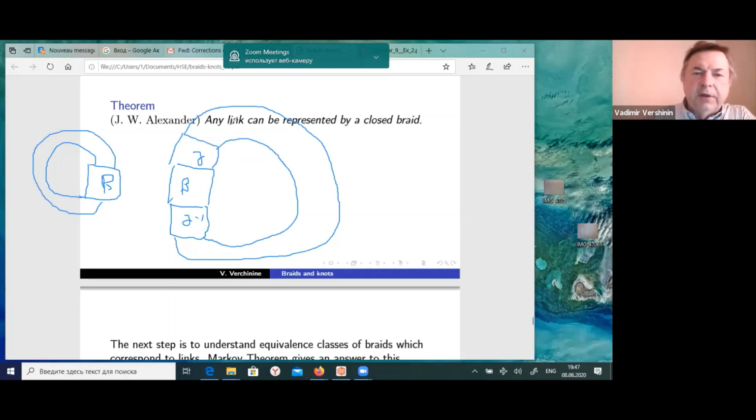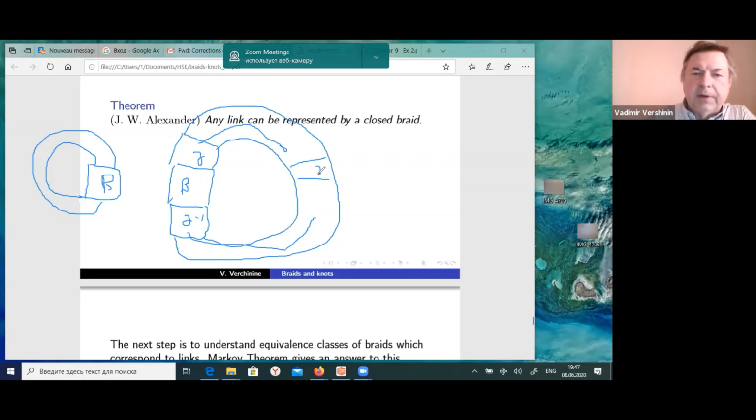I don't have time to depict all n strands, but this is the closure. This is a knot, a link. So now you start to move gamma here and gamma minus 1 here, because now it is possible. You have this junction.